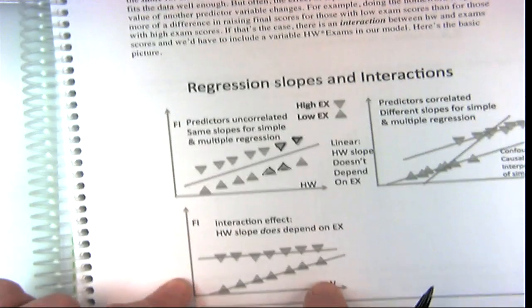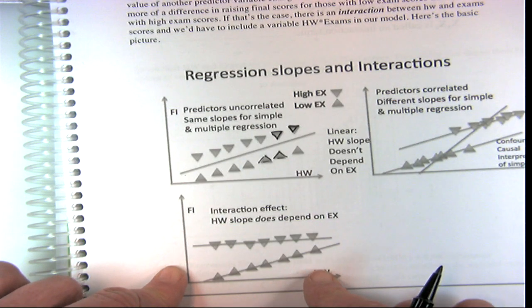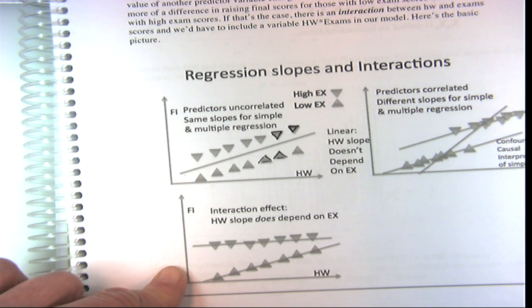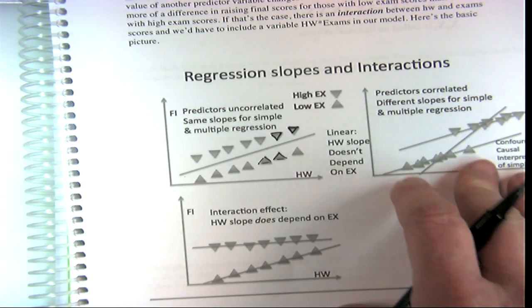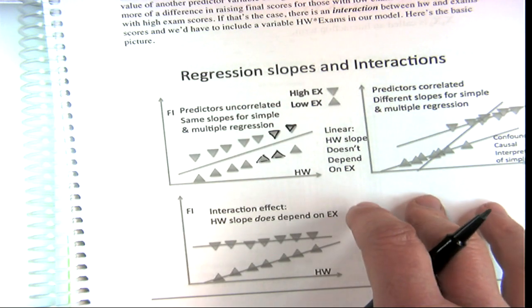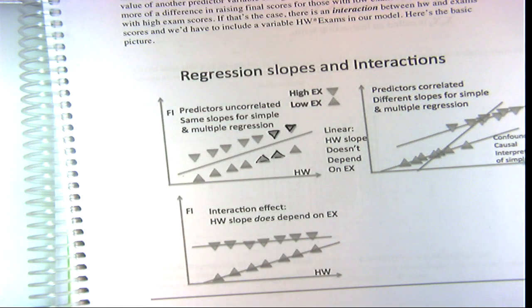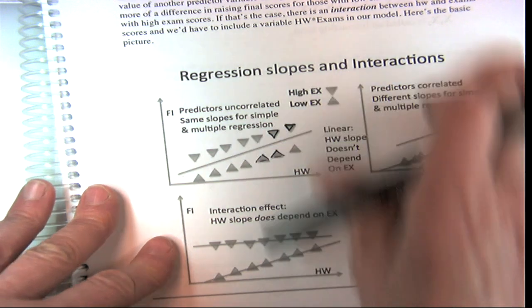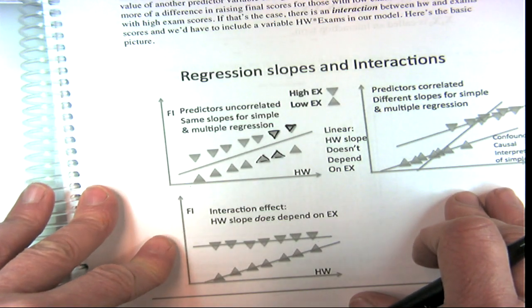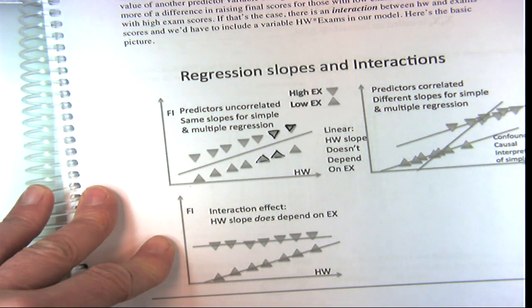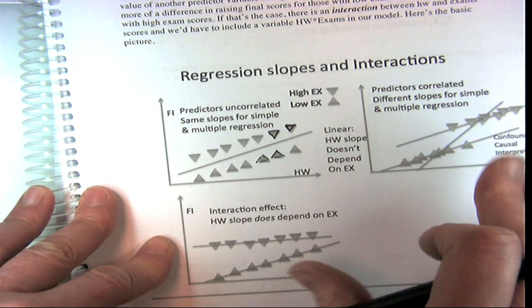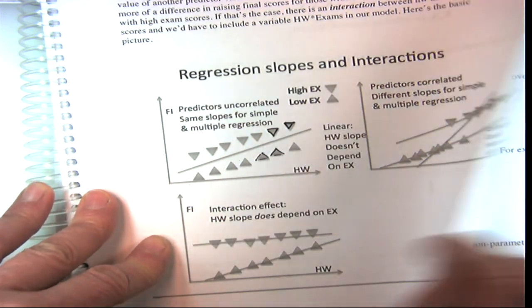And here is an interaction, but no correlation. If we talk about correlated confounders in a causal way, that's correlated predictors. I really don't want to confuse you. This is a very hard picture to understand. So I want you to just relax. And this particular picture, we're not going over it long enough for you to be tested on. I would spend more time on it if I were going to put it on the exam.